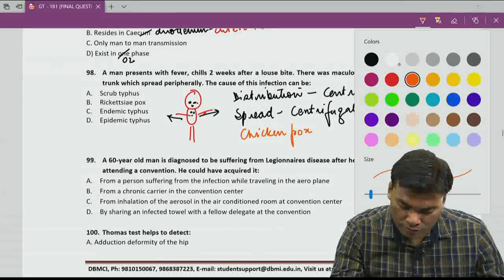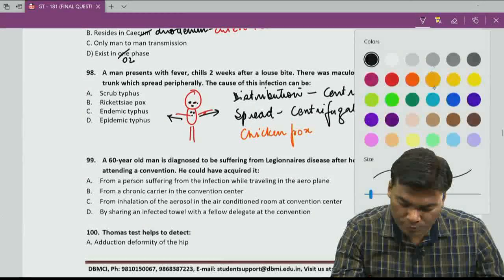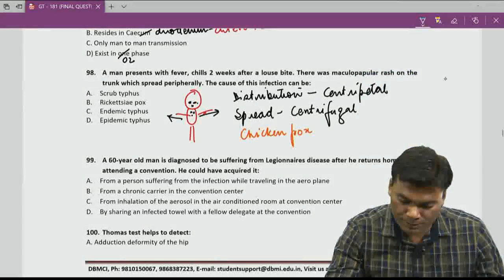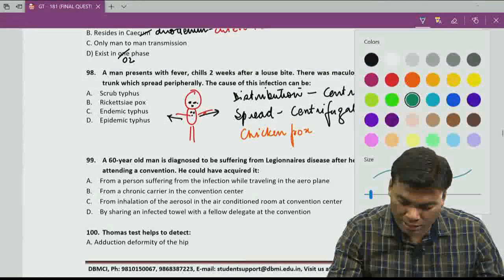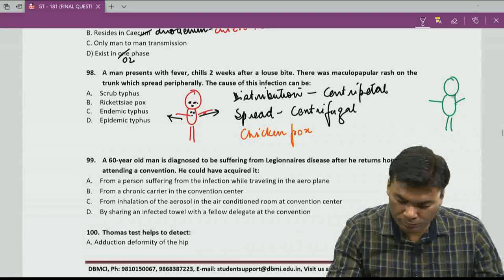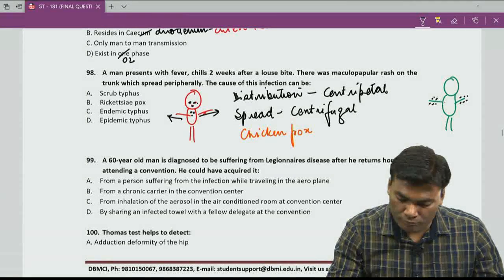Now if you see this for smallpox, that's just the opposite. In smallpox, the rash will first come on the periphery, and then it will go to the center.